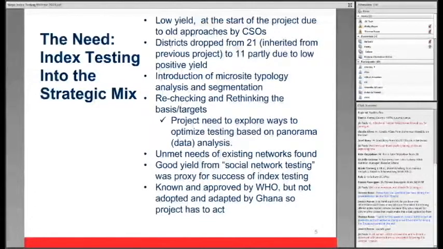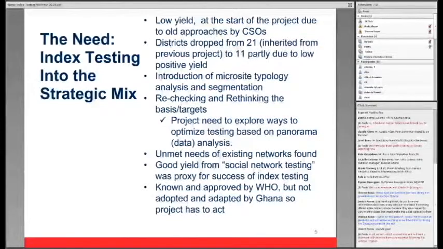So the need to look at different approaches and a strategic mix of these approaches to improve yield became very paramount. So what we did was to conduct microsite typology analysis and segmentation of our beneficiary population.